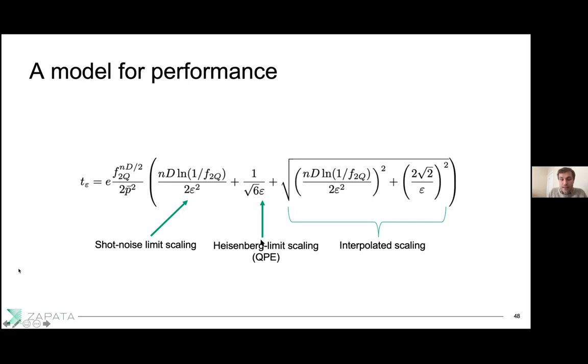And there's also this contribution from the so-called Heisenberg limit scaling, which was found in the quantum phase estimation algorithm. We view this model as describing the trade-off between the VQE type scaling and the quantum phase estimation type scaling. And the interpolation depends on the degree of error with each operation on the quantum computer.